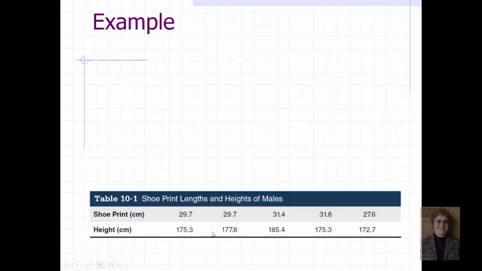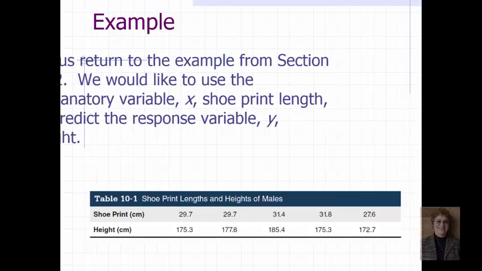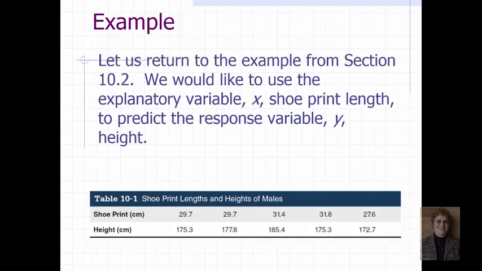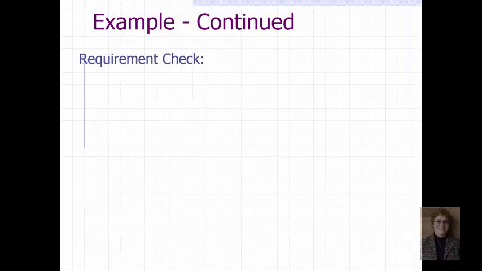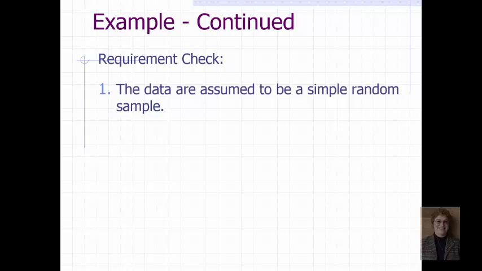So let's go back to our example from the chapter problem, and we're going to try to predict a man's height from the shoe print length. Let's check. Is this a simple random sample? We assume that.